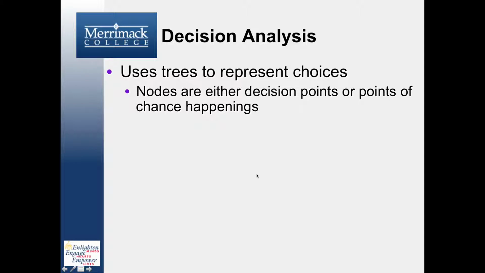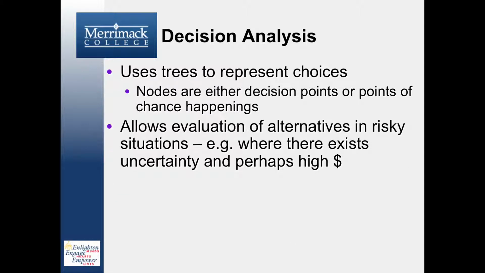So, decision analysis, as I said, uses trees, really graphics, to represent choices. The nodes are decision points, or they can also be, okay, if I do this, then something will happen, right? And that's also a choice, really, but nature is making that choice.